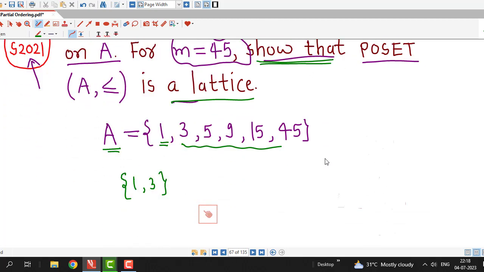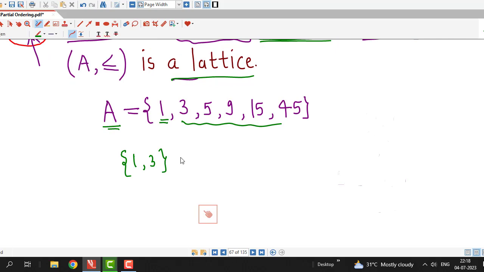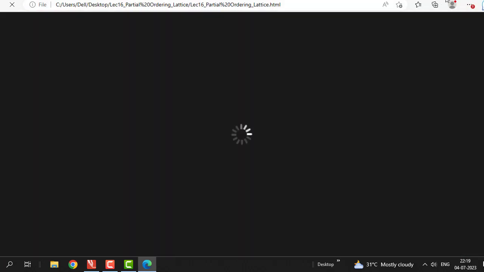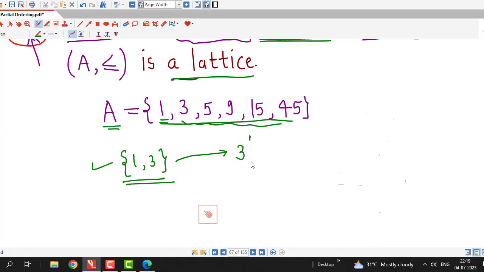So we have to prove the existence of least upper bound and greatest lower bound for each possible pair of this type of elements. So suppose we check for this subset, then first we have to check what are the upper bounds of this subset. Upper bound means those elements from set A which are divisible by 1 as well as 3. So one obvious element is 3 because 1 divides 3 as well as 3 divides 3. So 3 is an upper bound.